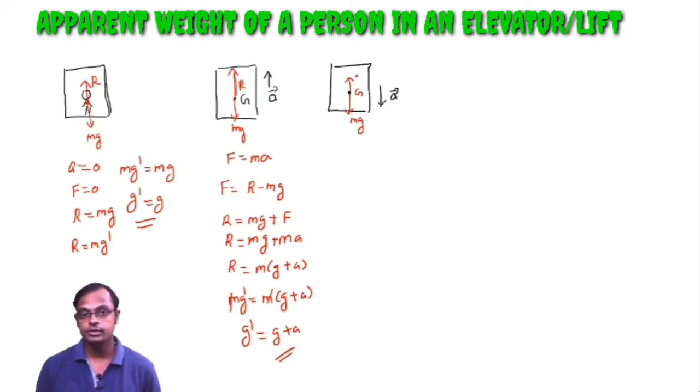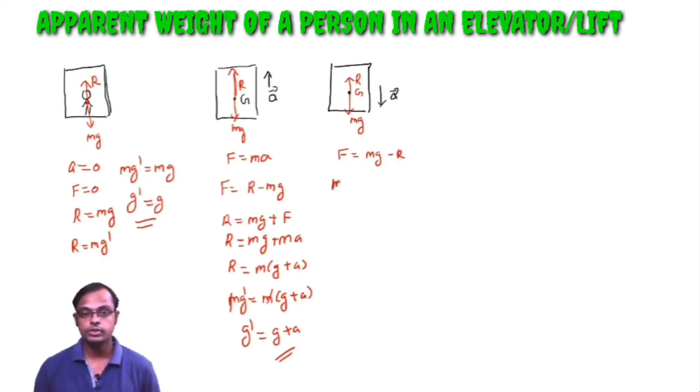This normal reaction force is the same as the apparent weight. So in this case, when the lift is accelerating downward, mg is greater than the normal reaction force, correct? So the resultant force F is equal to, which one is greater, mg or R? Mg is greater, right?